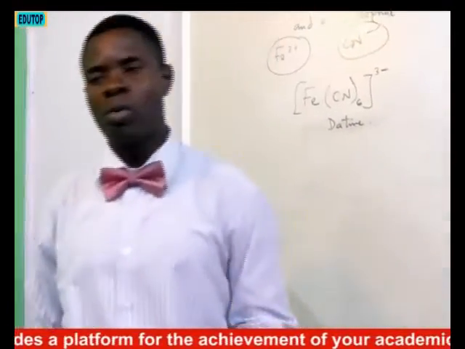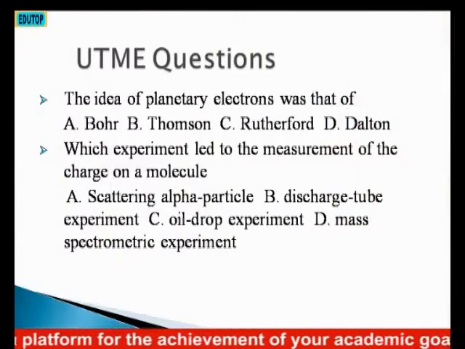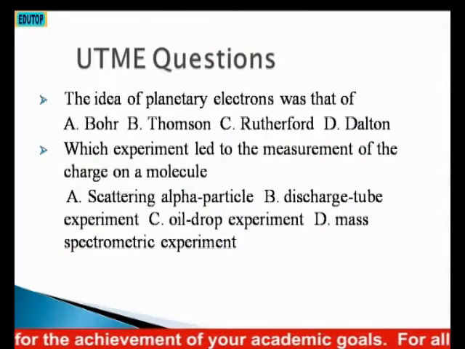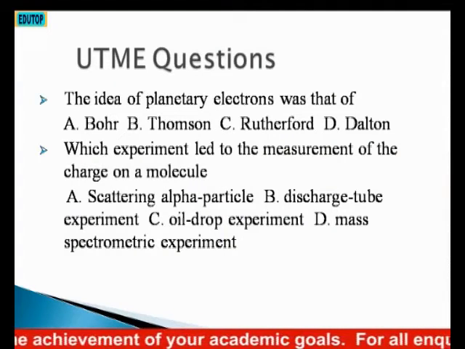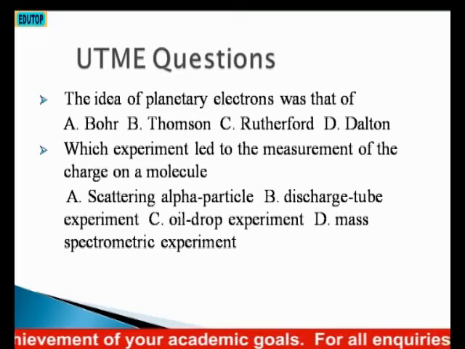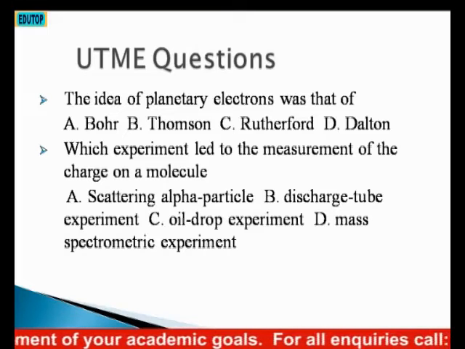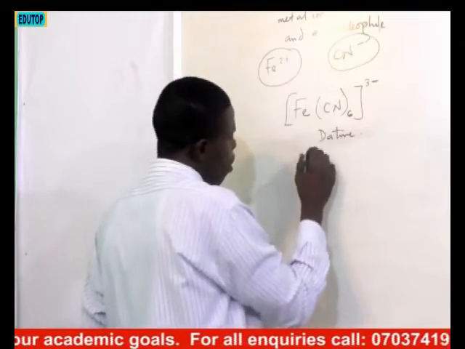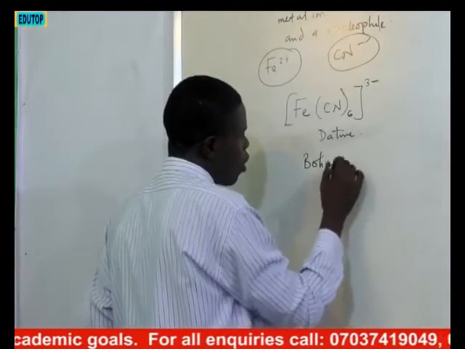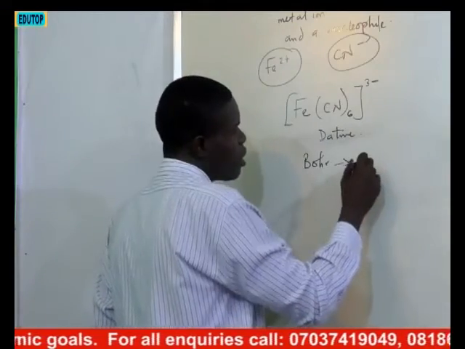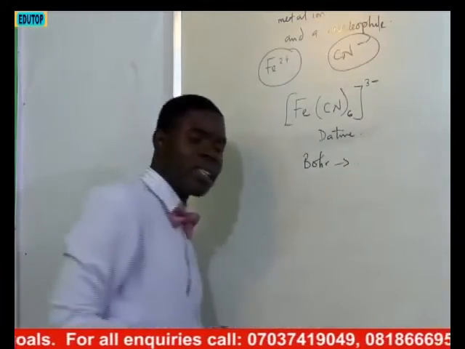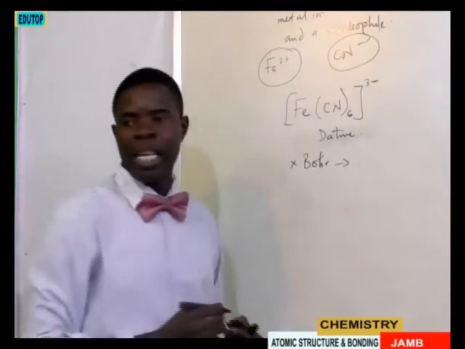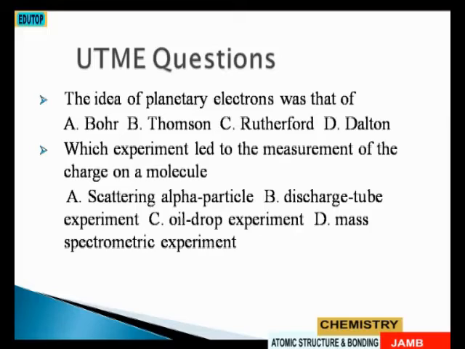Question 1. The idea of planetary electrons was that of A. Bohr, B. Thomson, C. Rutherford, then D. Dalton. First and foremost, it can never be Bohr, simply because Bohr only worked on the hydrogen spectrum, and the electron is restricted to a certain energy level. So it cannot be Bohr. Then the second one is Thomson.